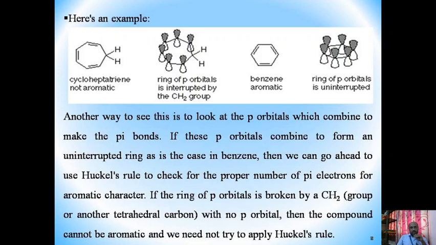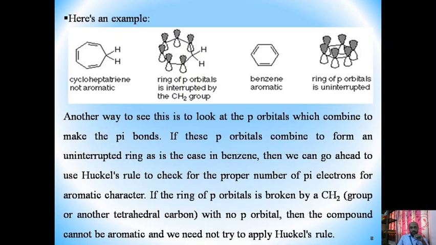Another way to see this is to look at the p orbitals which combine to make the pi bonds. If these p orbitals combine to form an uninterrupted ring, as is the case in benzene, then we can go ahead and use Huckel's rule to check for the proper number of pi electrons for aromatic character.